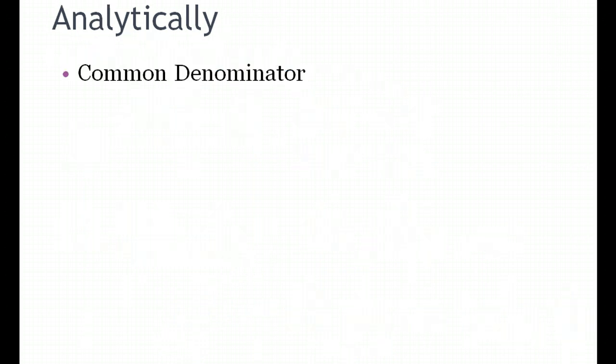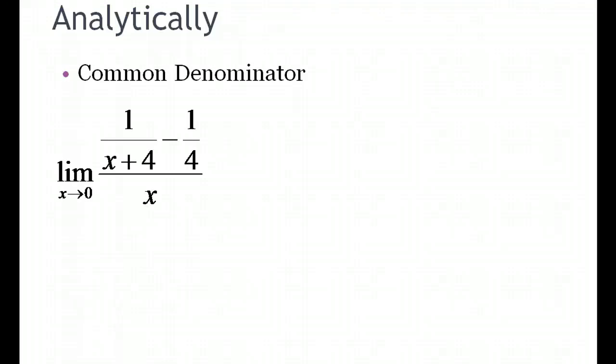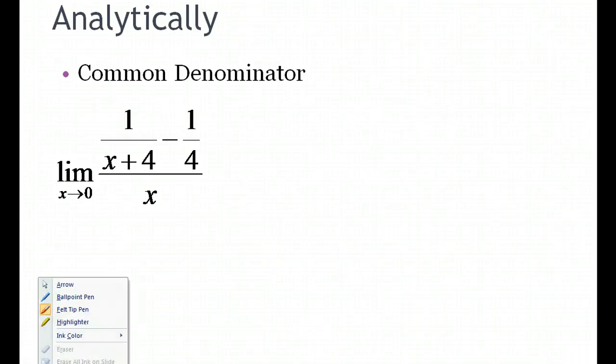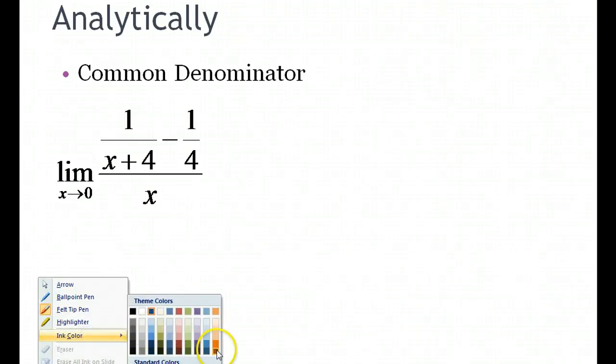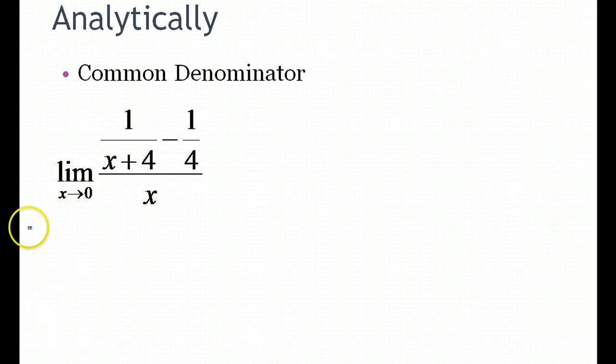All right, I promised you another one that would be more like a common denominator. So here I notice, again, before I begin anything, I'm going to try to plug in or substitute the 0 in for x. So it goes there and there. Looks like the numerator is 1/4 minus 1/4.